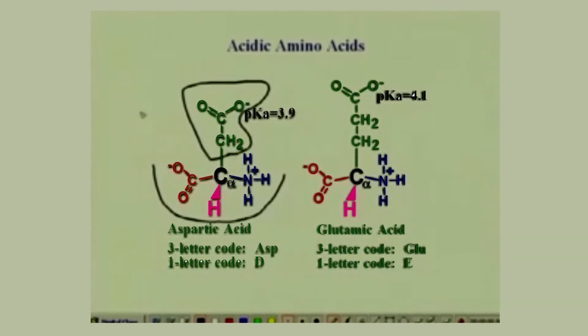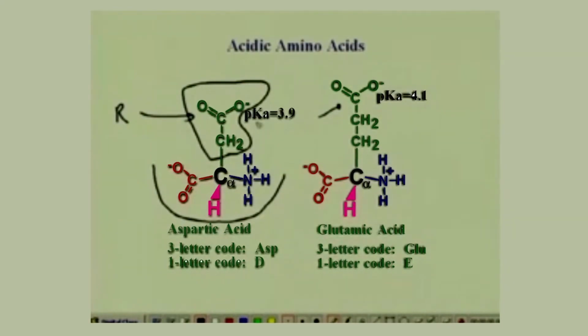So, the side chain in this case also contains a C double bond O, O minus. Similarly, the side chain in glutamic acid also has the COO, O minus, but again we have an additional CH2 in case of glutamic acid, just like we had for glutamine.